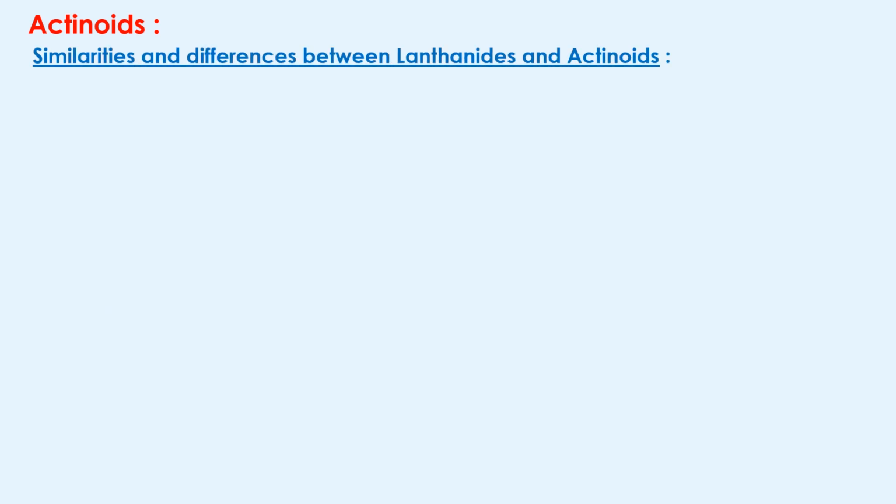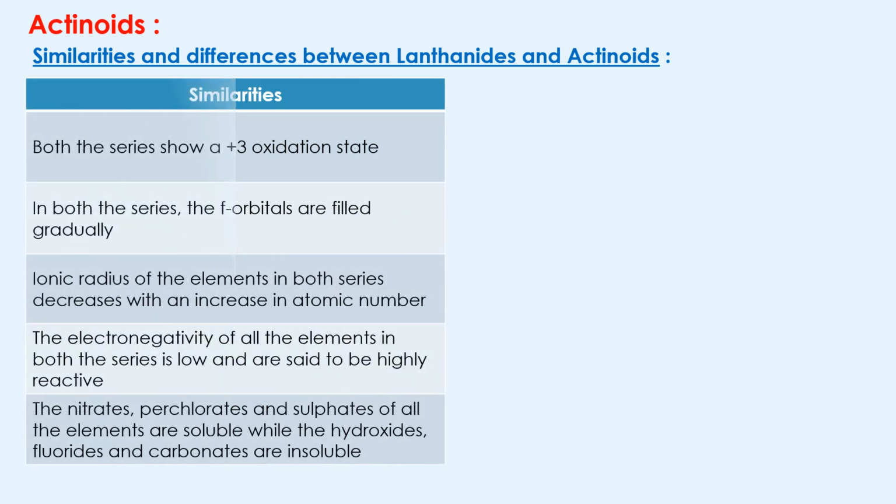Now we see some similarities and differences between lanthanide and actinoid. First, similarities. Both the series show the +3 oxidation state. Both the series have f orbitals which are filled gradually. The ionic radius of the elements in both the series decreases as the atomic number increases, meaning there is a contraction.